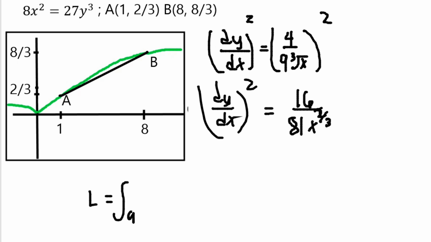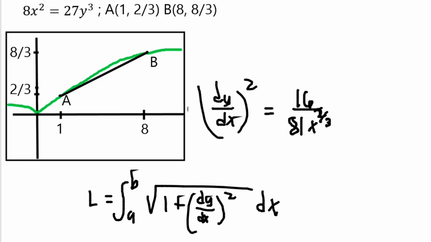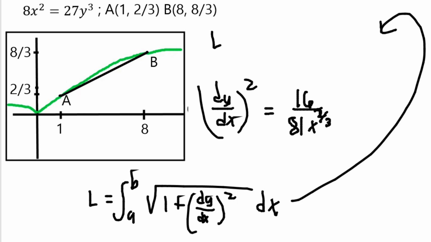So what is our formula again? Our formula is the integral of the square root of 1 plus the quantity dy/dx raised to the second power, dx, on the interval from a to b. We can just put it there. So that is the purpose of what we've been doing these past minutes.